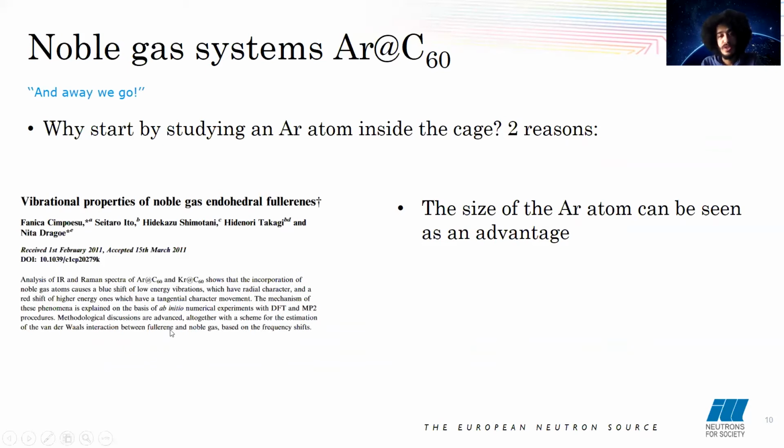The first one being the availability of experimental results, unfortunately not neutron ones, but just Raman ones for argon inside C60, and the fact that I've used the size of the argon atom as an advantage, since if we trap this argon atom inside the cage, it will be much easier to optimize and stabilize the structure, because I've had a little bit of a problem with helium because I haven't been able yet to find its stable position inside the cage. So I've started with argon, which is much easier.